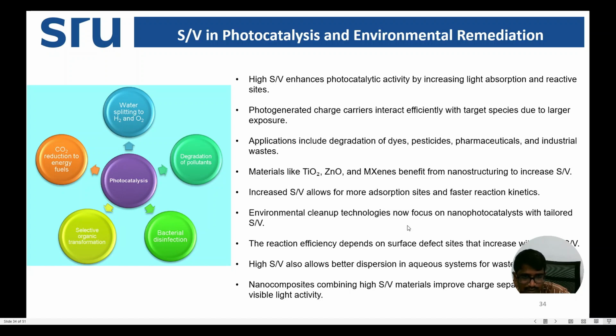To treat all these materials, we can use this process, photocatalysis. In photocatalysis we need nanomaterials with different nanostructures, and we need a high surface to volume ratio. So we need a higher surface to volume ratio for these applications.